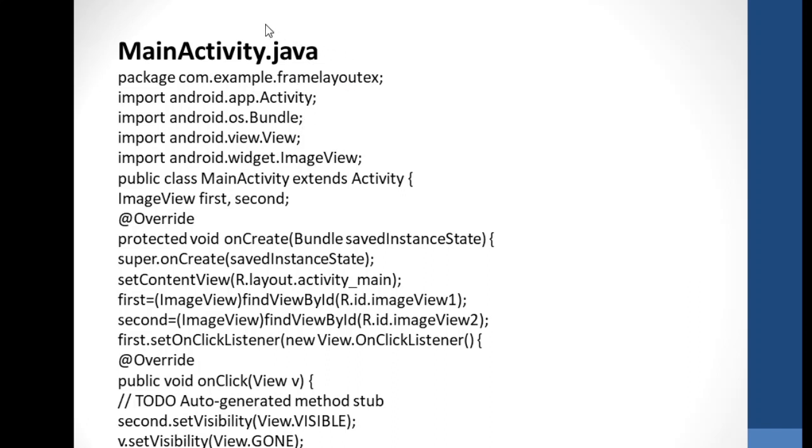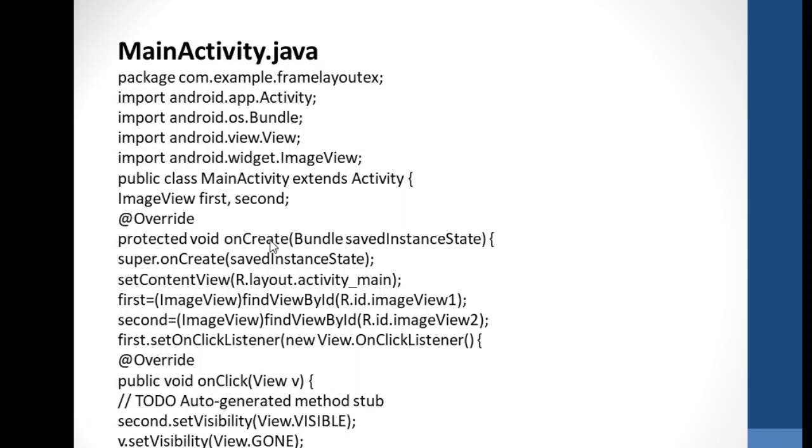I have imported only Android packages: the activity package, view package, image view package, etc. The public class MainActivity extends the Activity class, and I have overridden two functions, onCreate and onClick. onCreate is used to create the instances, the contents, views, our images, etc.